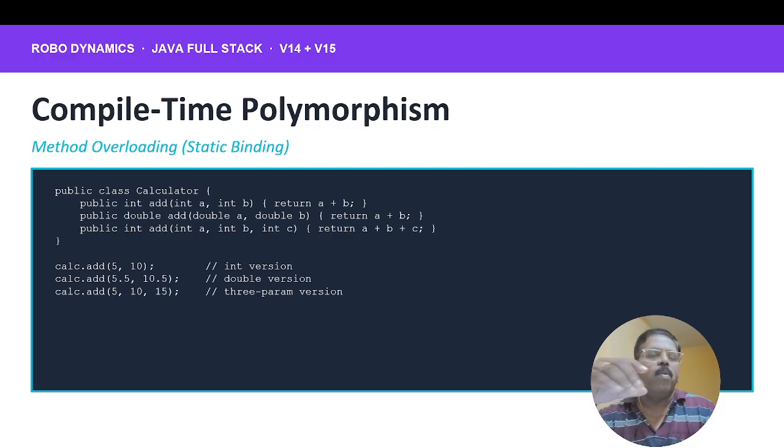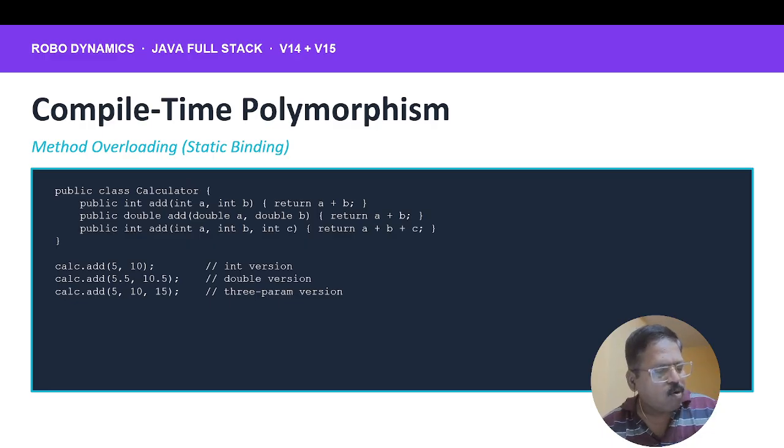Now, method overloading is possible as long as the arguments differ. So technically, what exactly is it? In simple language, it is the ability to give more than one function the same name. Right now, there are three functions, but we have given the same name. So add is the same name for three functions. How is it possible?